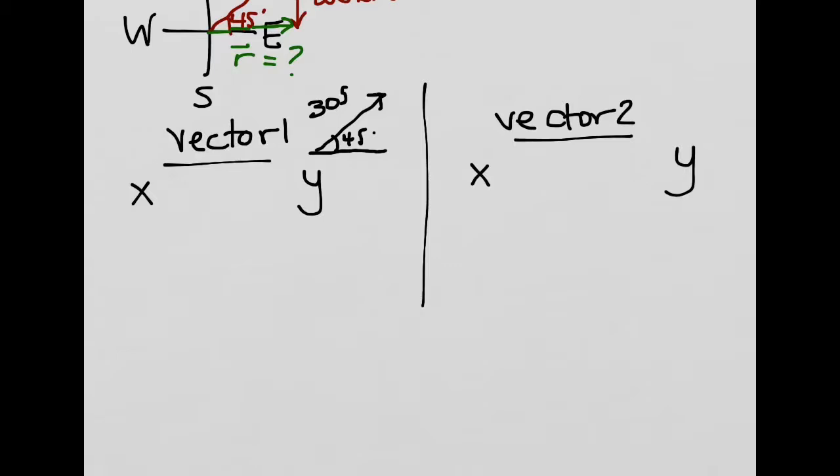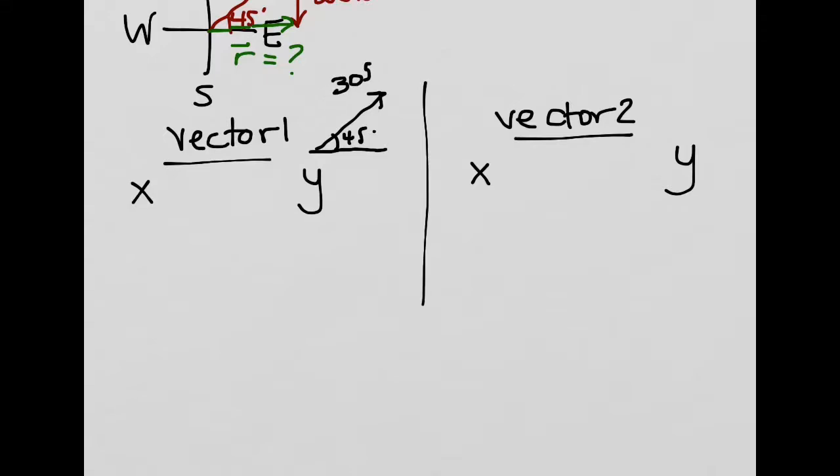Let's just call this A. So we're going to do Ax plus Ay, which gives you vector A overall.